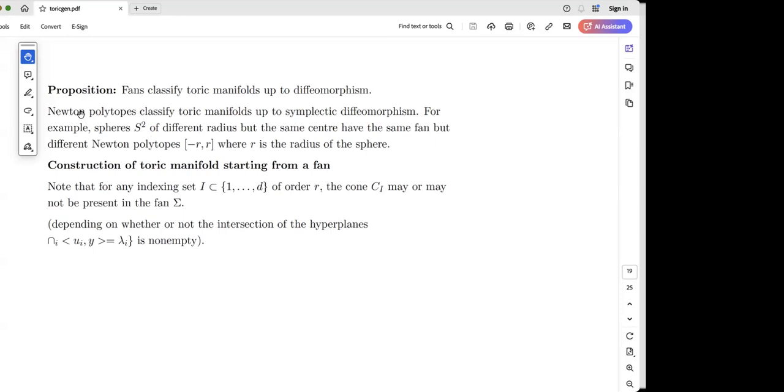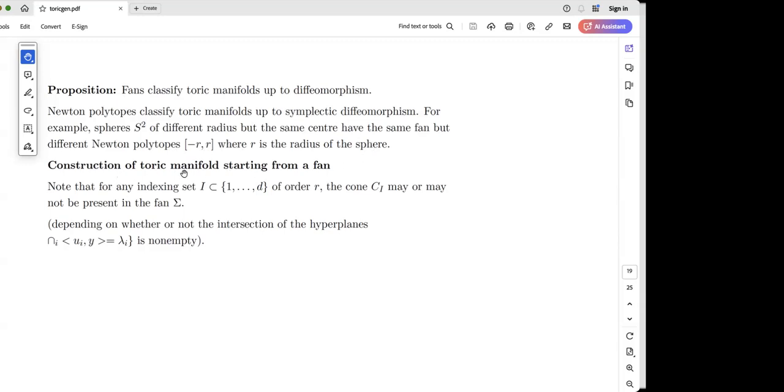The polyhedra instead classify toric manifolds up to symplectic diffeomorphism. For example, spheres S^2 of different radius but the same center have the same fan, which is just a ray coming from the origin, but they have different Newton polyhedra, which are the intervals from -r to r, where r is the radius of the sphere.